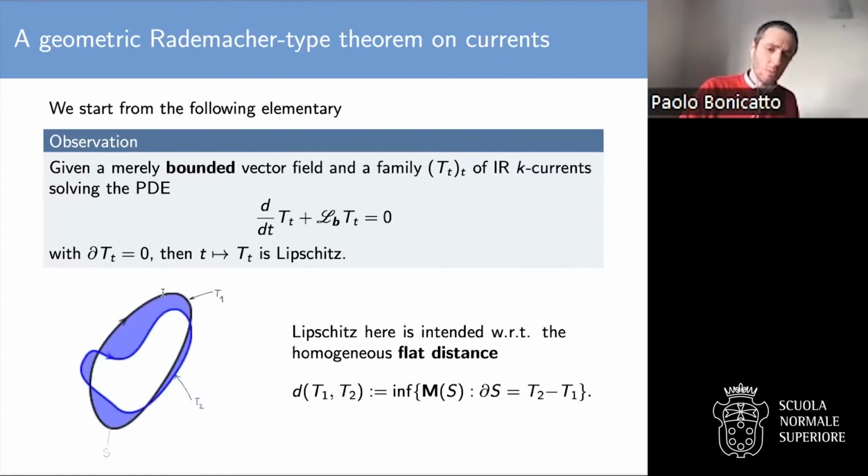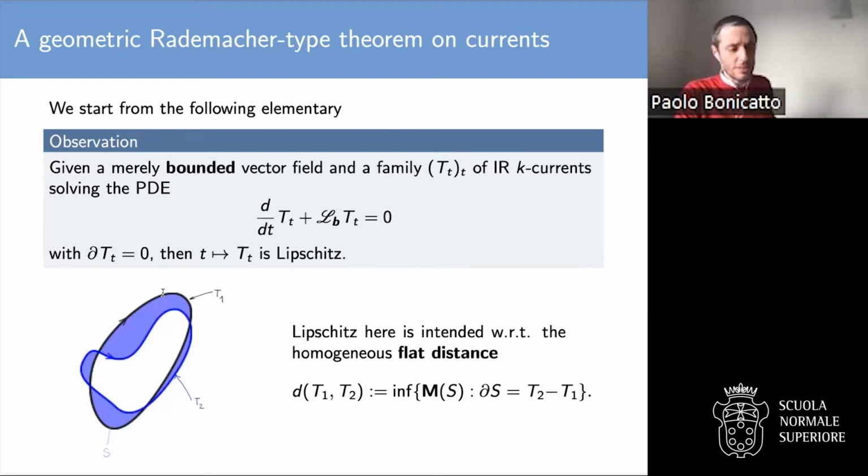And the distance that I will consider is a very standard distance on the set of currents, which is the flat distance. Actually, since I'm restricting to the boundaryless case, I'm considering the homogeneous flat distance. And its definition is written down on the slide. It's a generalization of the Wasserstein distance between two measures.